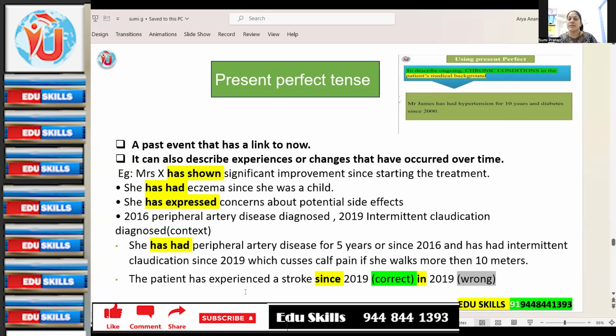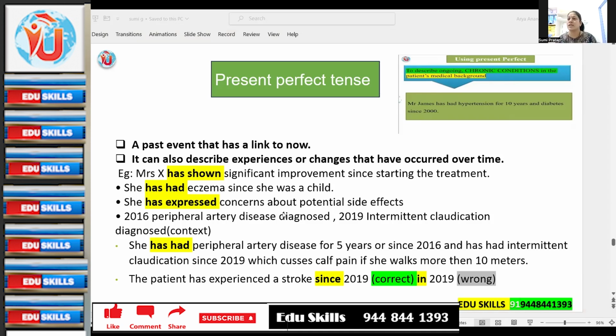Okay, then examples are given here. Mrs. X has shown significant improvements since starting the treatment. She has had eczema since she was a child. Okay, she is having it since childhood, so this one we can write as had eczema. She has expressed concern about potential side effects.